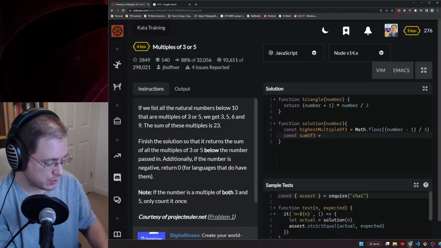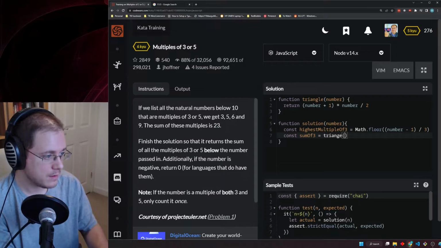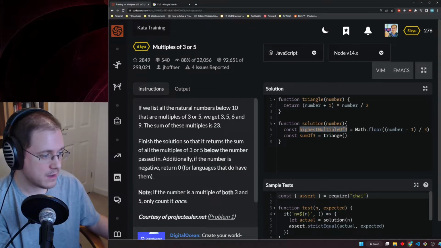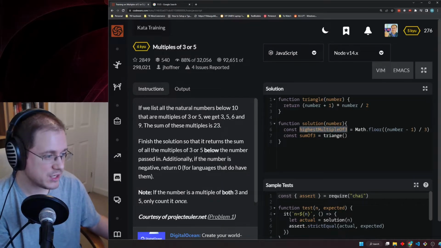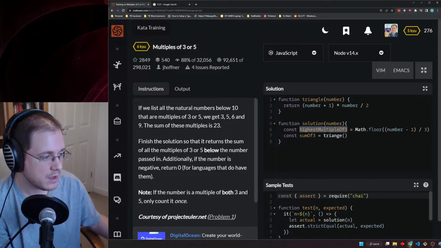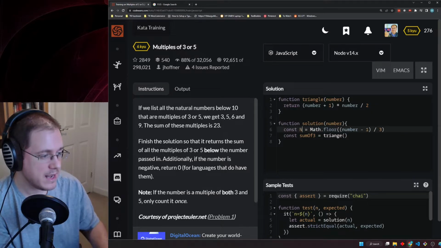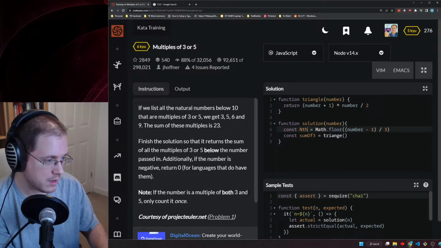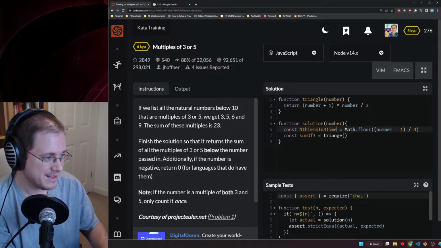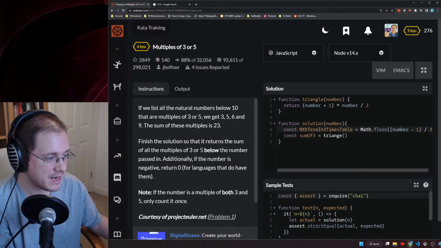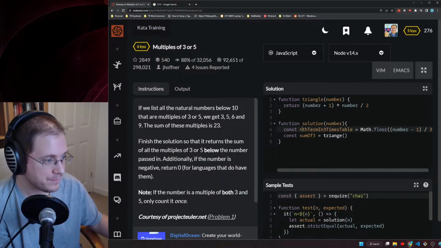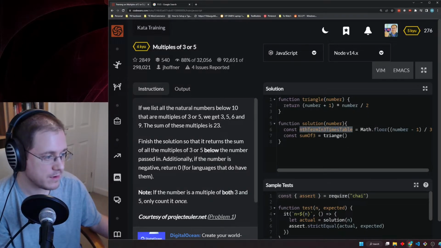So we're going to get triangle of the, that should be renamed to nth term in 3 times table. There you go. That's at least clear. Nth term in 3 times table.